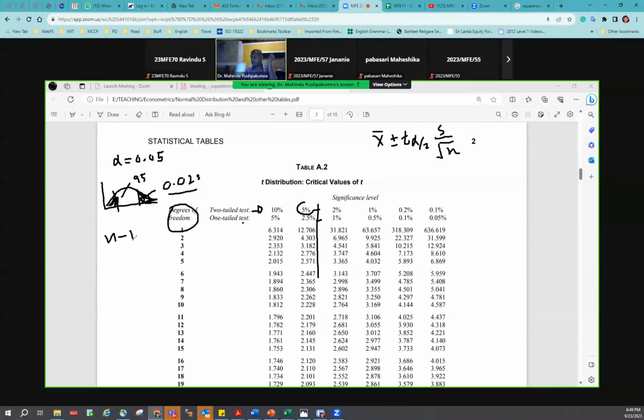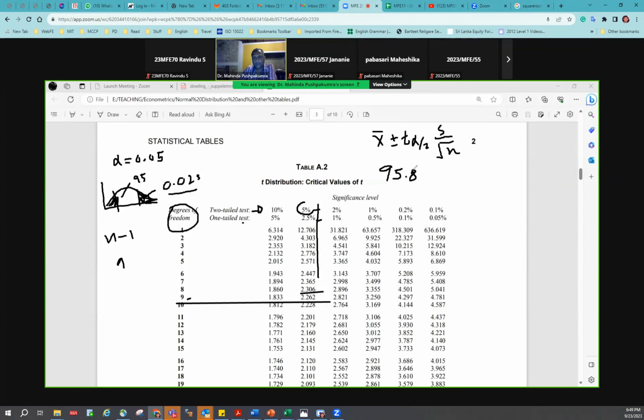N is 10, so n minus 1 is 9. Then what is the t value now? It is 2.262.